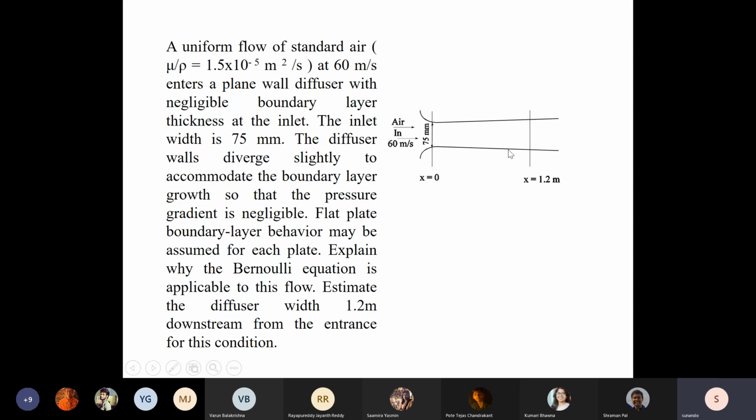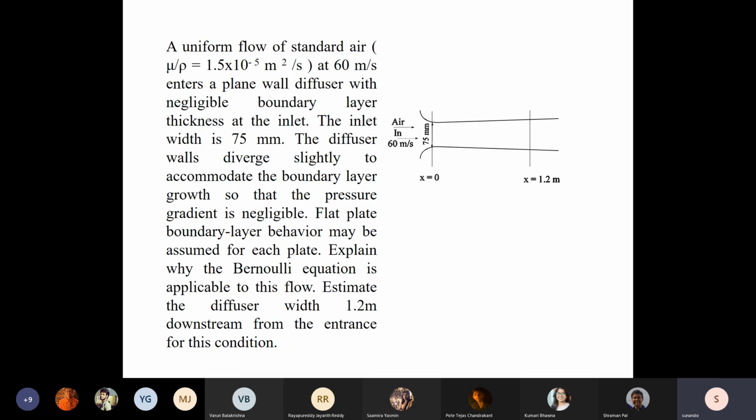One way to address that is to diverge the channel slightly such that we can say with certainty that the pressure gradient is negligible, so that whatever be the core velocity in here would be the same as the core velocity at 1.2 meter as well.